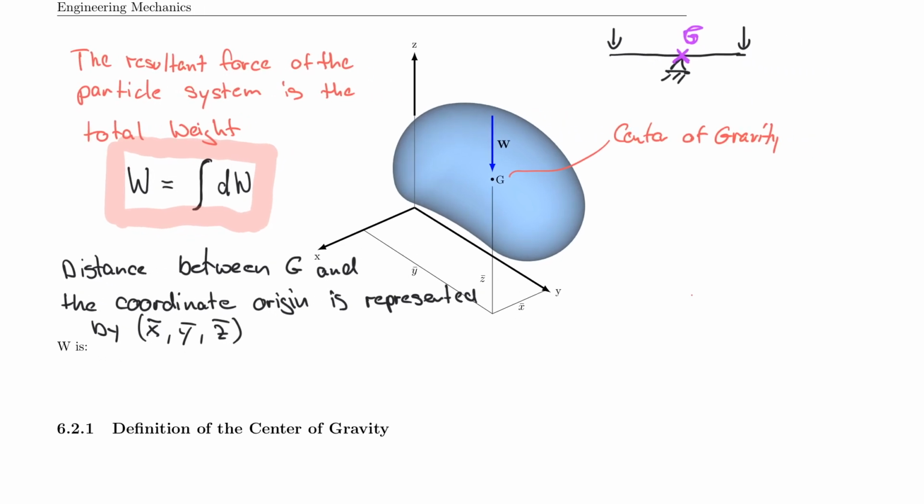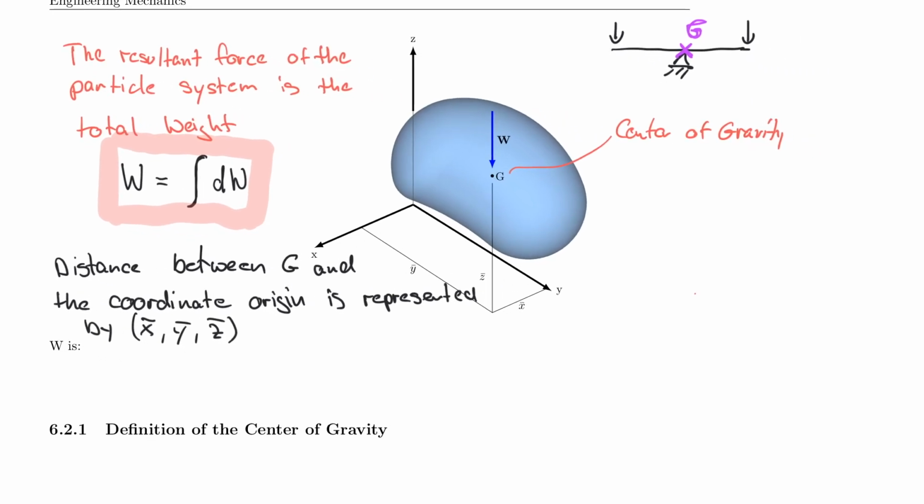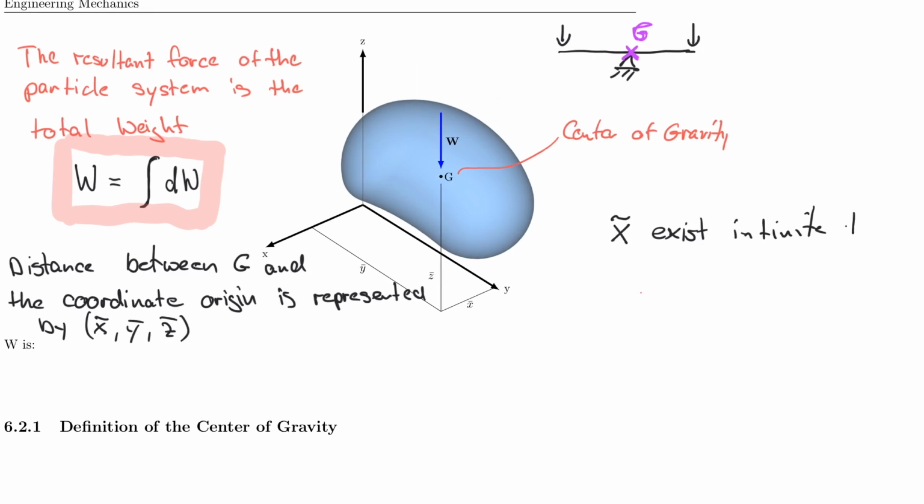And one little side note, I usually would ask you this in class normally, but here I can't get your feedback. Usually I ask my students how many x tildes exist and how many x bars exist. x tilde we discussed on the previous page. Now we're talking about x bar. What we would come down to in the class is x tilde exists infinite times, whereas x bar exists only once.